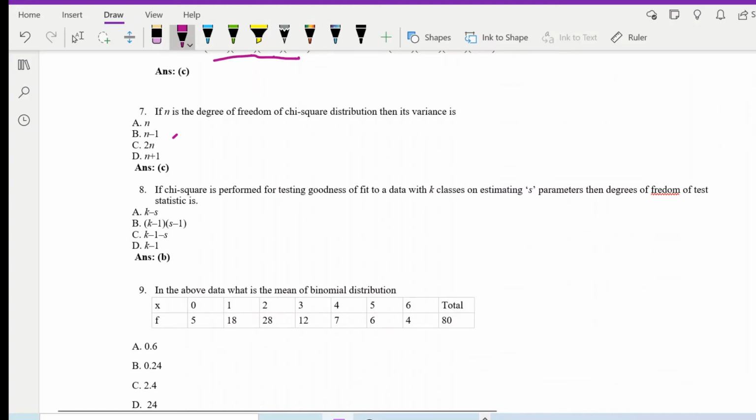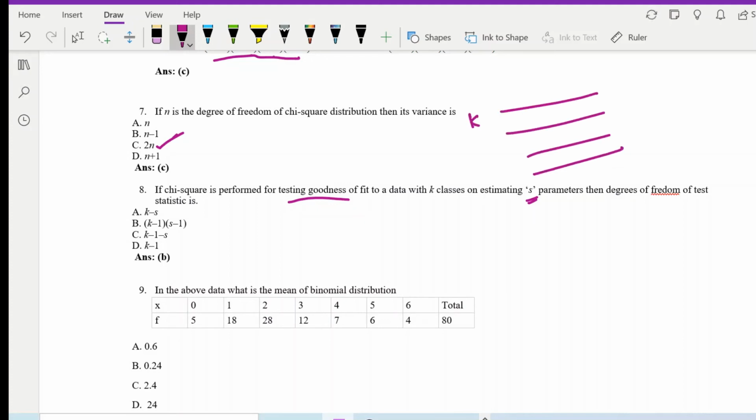If n is the degrees of freedom of a chi-square distribution, then its variance is 2 times n. Next, if chi-square is performed for testing goodness of fit, data with k classes, on estimating s parameters. Let me take k classes as k rows and s parameters as s columns.